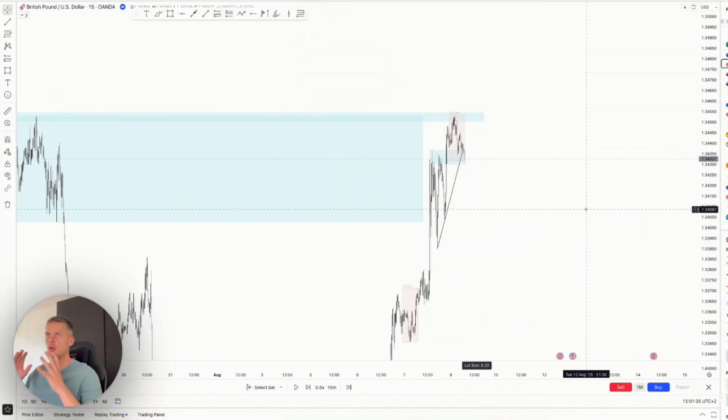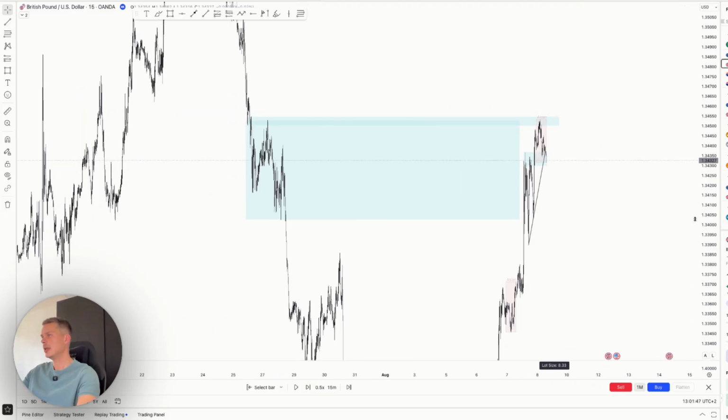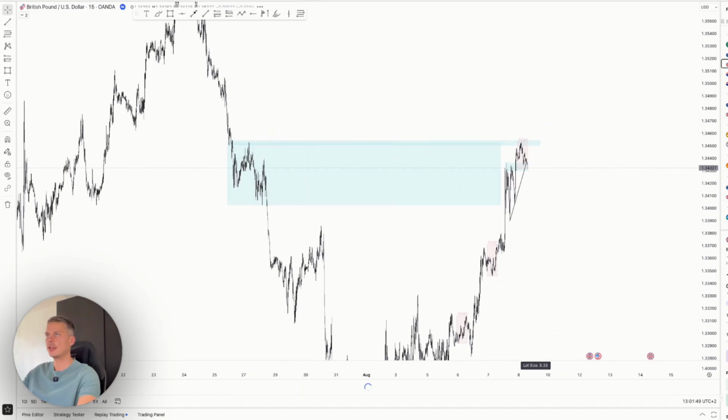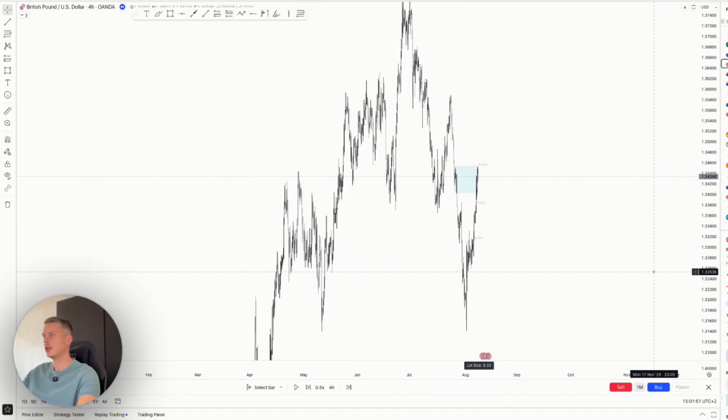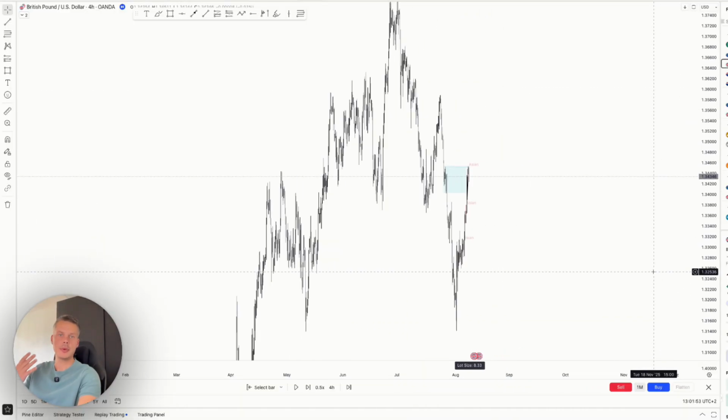Alright, so we're looking at GBP USD, and as I'm going to reveal my full strategy and at the end also my entry criteria, the way I start my analysis and my day is by going into the higher time frames like 4-hour and daily ranges to understand where we're trading at, where liquidity is and where structure is.